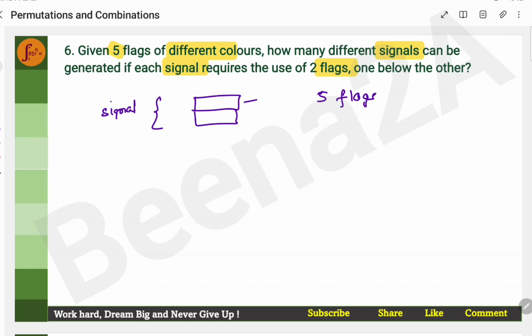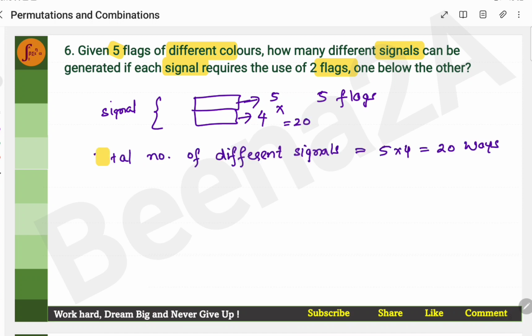For the first flag, 5 choices. Both flags should be different colors, so no repetition. I have chosen 1, so 4 remain. So 5 into 4 is 20. So 20 different signals can be formed using 5 flags of different colors.